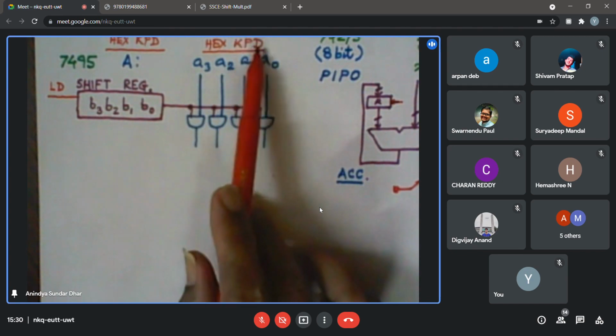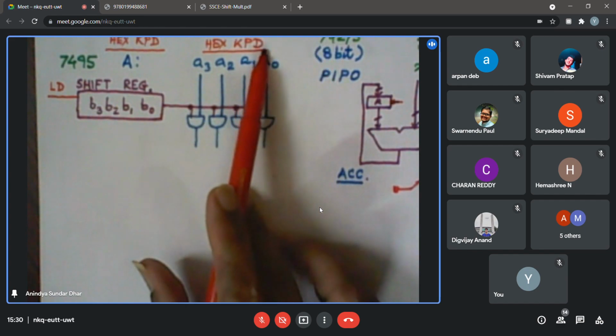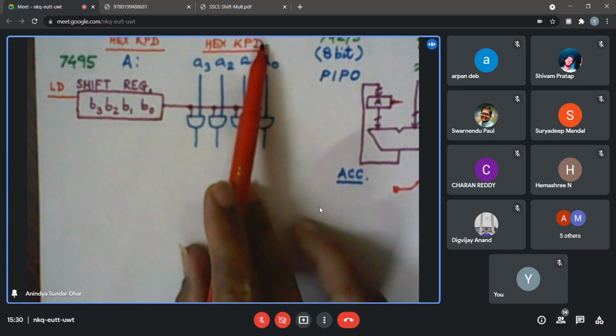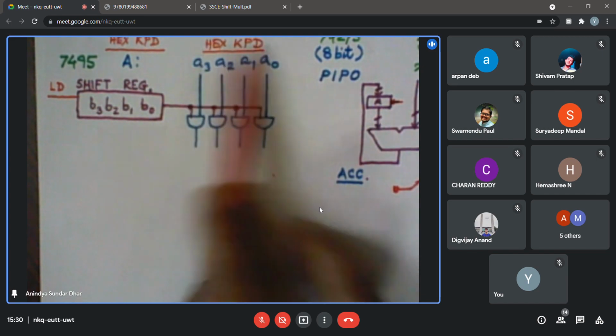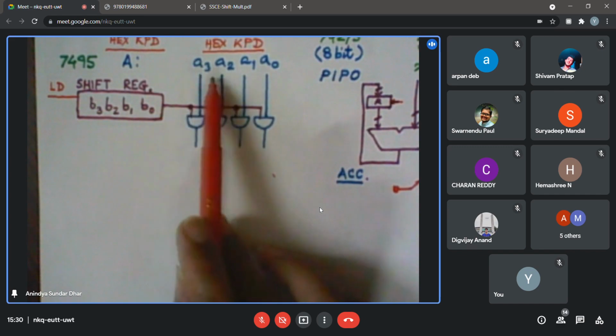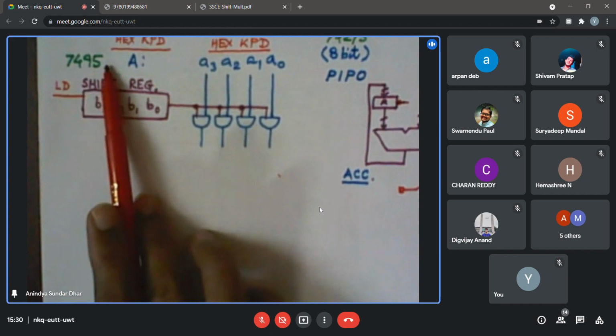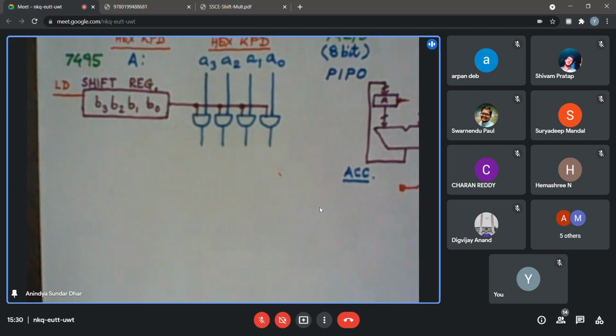We know how to make that available using 273 and all. So today, to make it simple, use just a simple hex keypad, where on your own switch wheel you can change the input for A. So just use a simple keypad, connect it to these inputs of the AND gate, and you take another 7495.